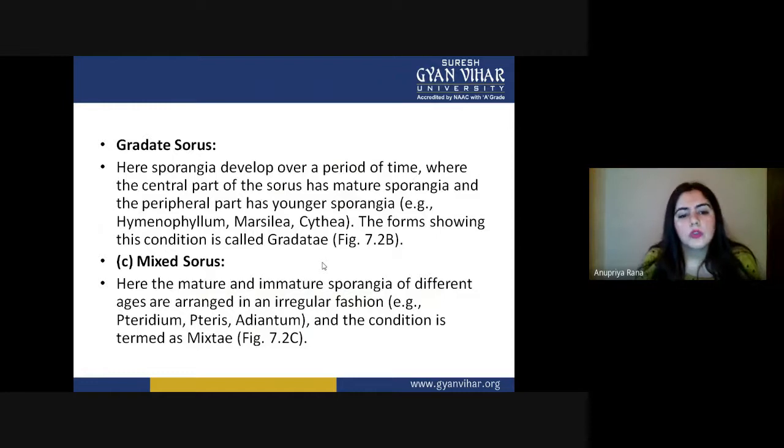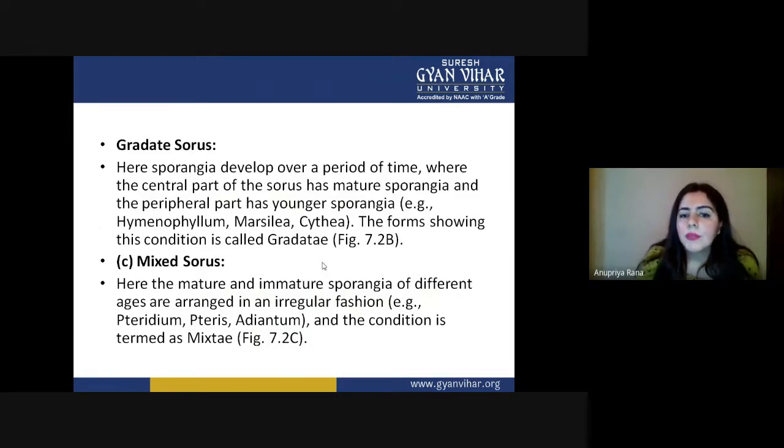Mixed sorus. Here, mature and immature sporangia of different ages are arranged in an irregular fashion. In the gradate sorus, you can identify what kind of sporangium matures at what time. If there is a mature one and another that didn't mature, you can identify at what place they are.